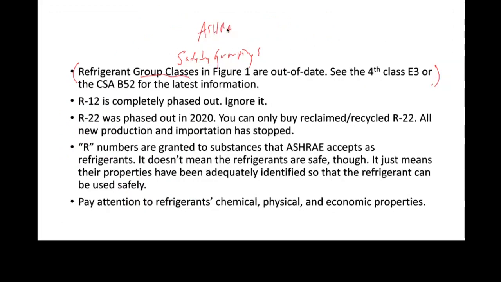I think it's ASHRAE Standard 37. ASHRAE is the American Society for Heating, Refrigeration, Air Conditioning Engineers. They work with CSA, and CSA adopts some of their stuff, including their safety group classifications.